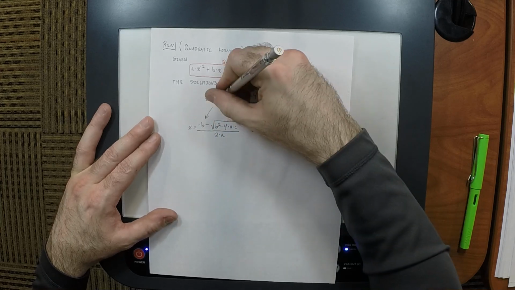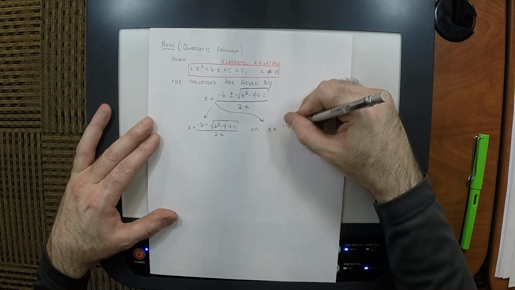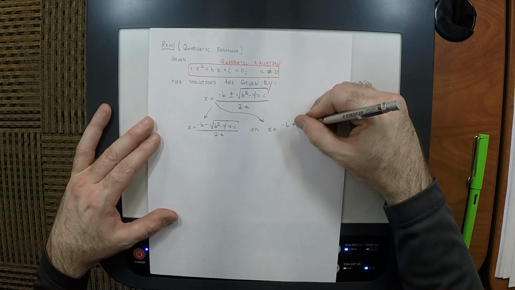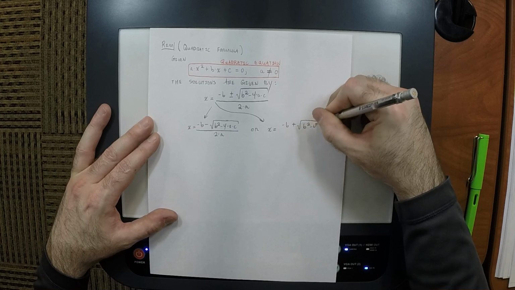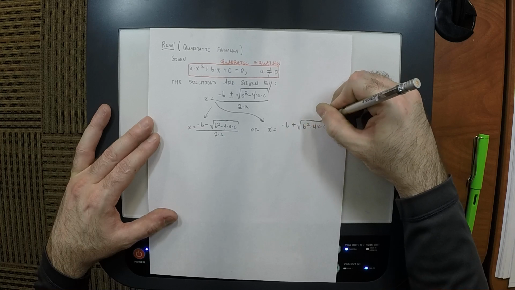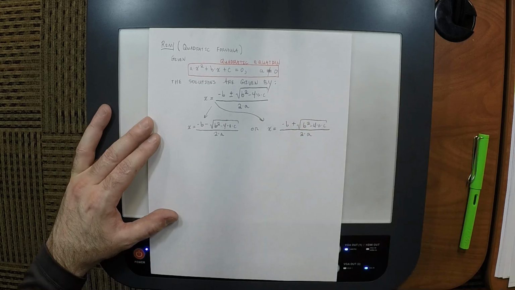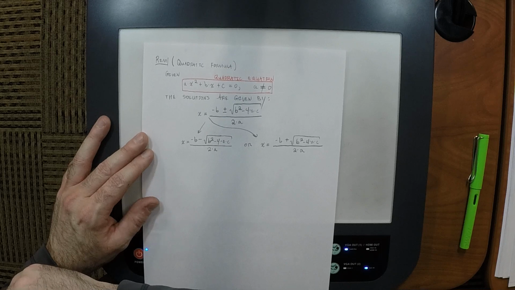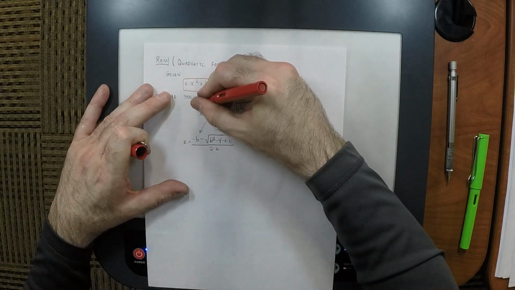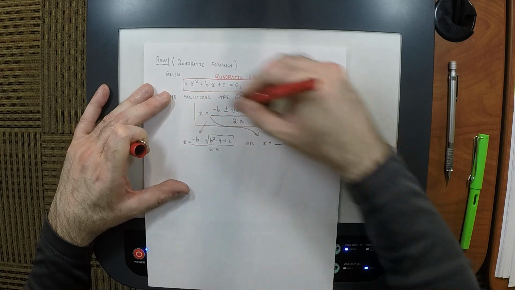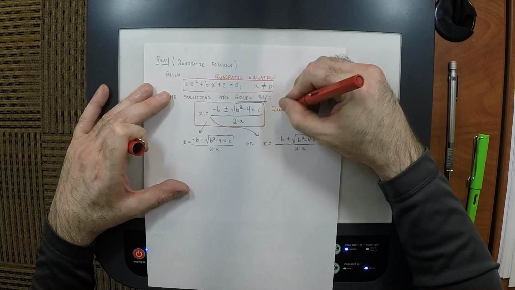And the other possibility is x could be negative b plus the square root of b squared minus 4ac, all of that divided by 2a. And this is called the quadratic formula.